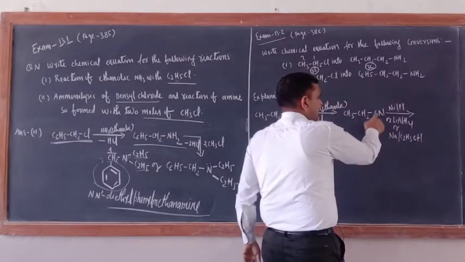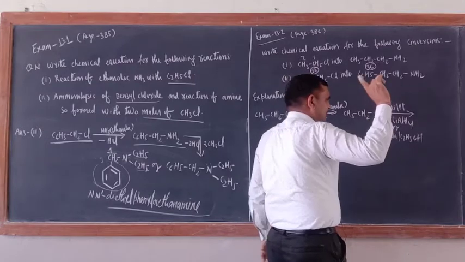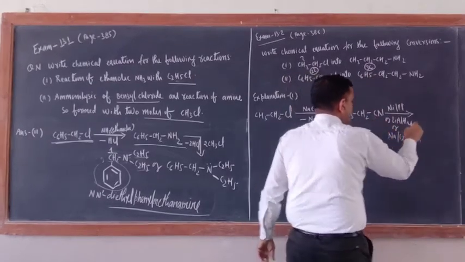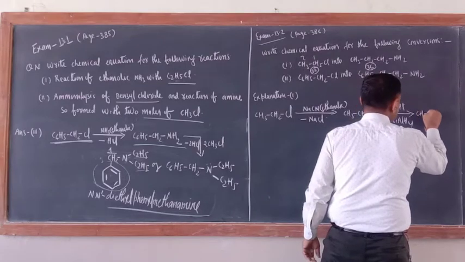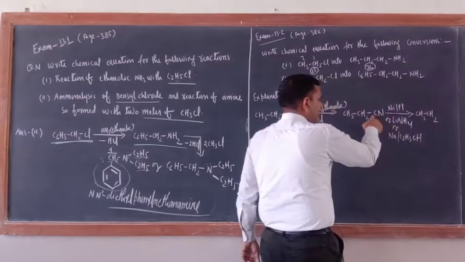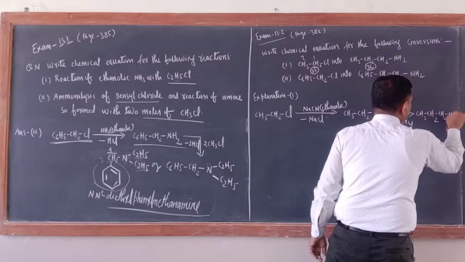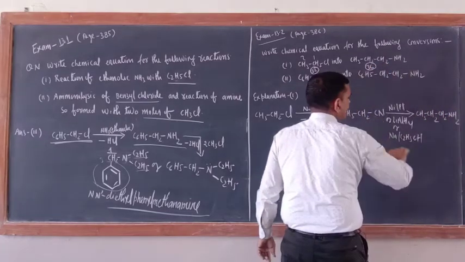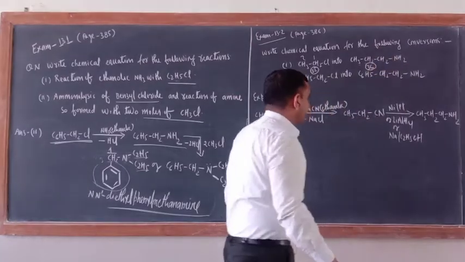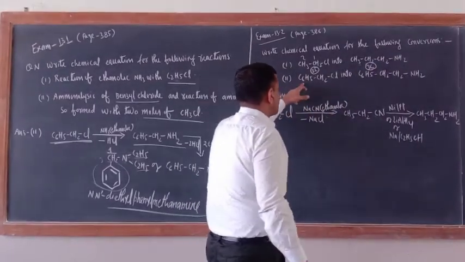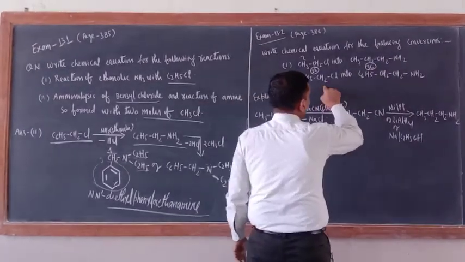How many nascent hydrogens do you want? 4. So just see, CH3CH2 you already have, 2H with this carbon atom, CH2, and here NH2. You have got this one. Check. Same is the case here also.